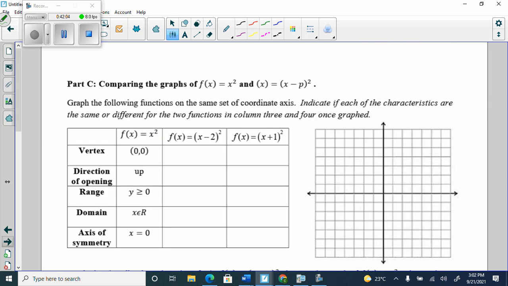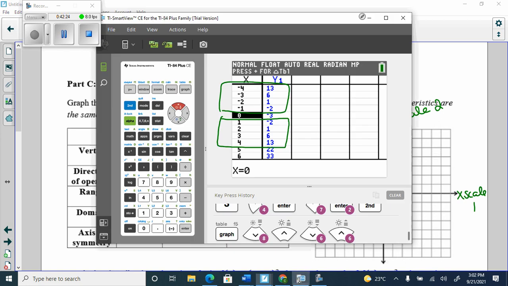What's happening here? We now have something in the bracket with the square. See that? We call it a p. So, go to your calculator. I'm going to put y scale up to x scale with 1. We're going to type in x minus 2 squared into our calculator.